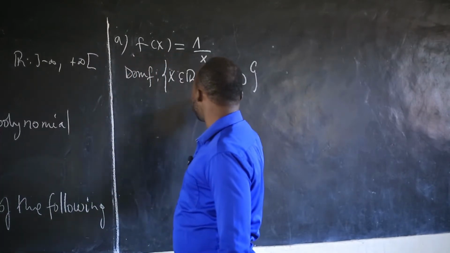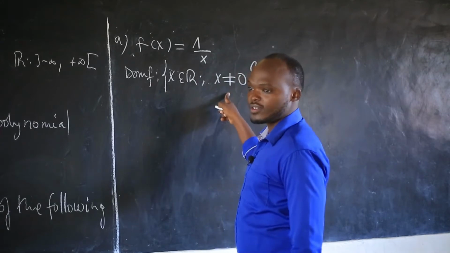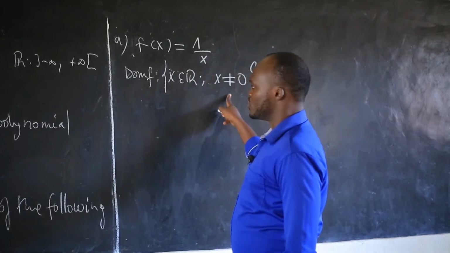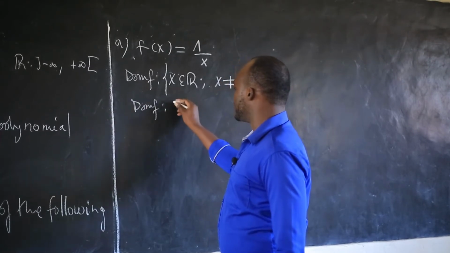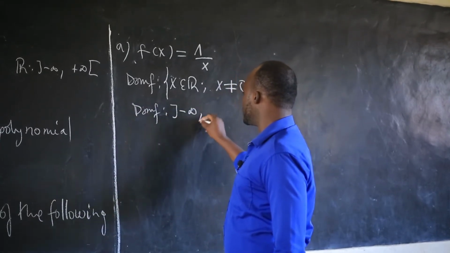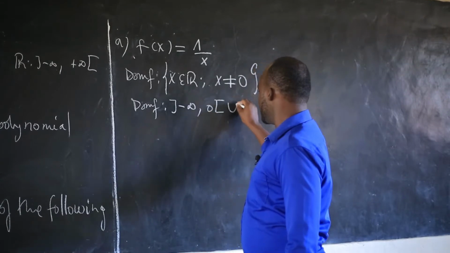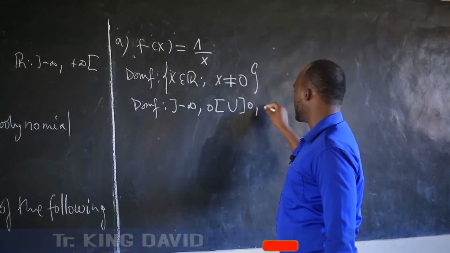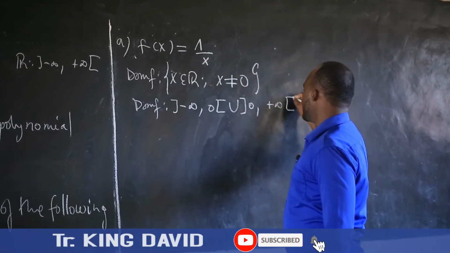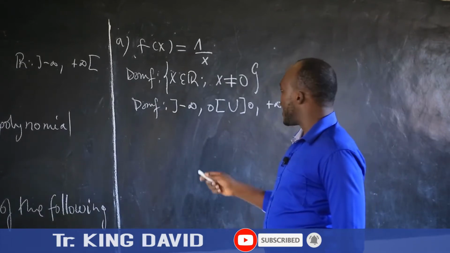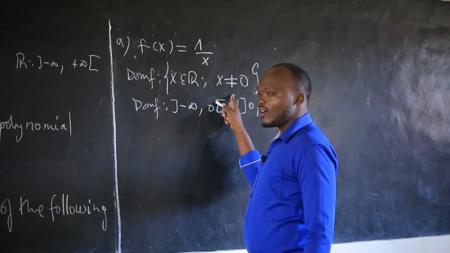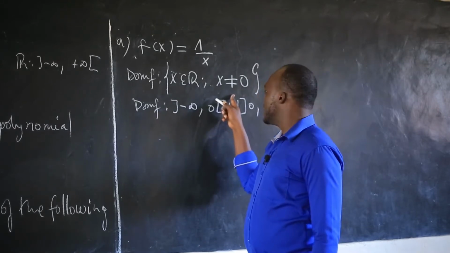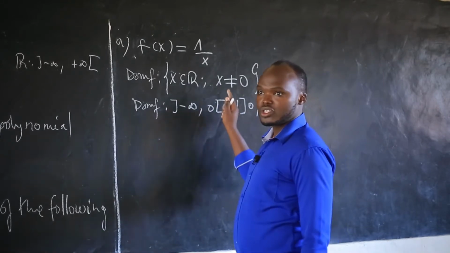But we have a number which is not included. That number is 0. So our dom f is going to be from negative infinity to 0 excluded, union from 0 to positive infinity. Let me repeat: the domain must be real numbers, but only one value is not included, and that value is x equals 0.